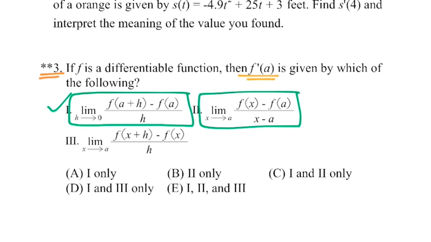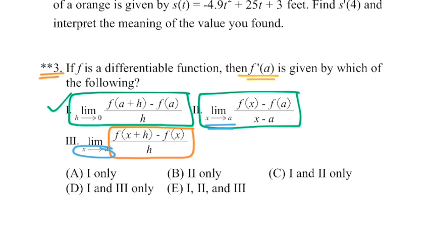The last one, the limit as x approaches a of f of x plus h minus f of x over h. Now this looks like the derivative at every point except for what the limit is approaching. It's the limit as x approaches a, which comes from this equation. And so it's sort of blending a couple of the different limit equations.